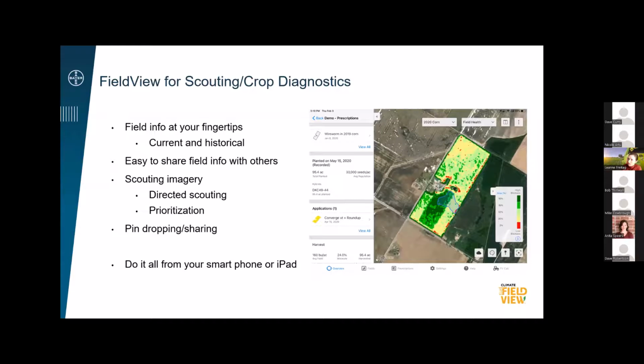I like to say, if you can operate a smartphone, then you'll be able to use Fieldvue. It is so easy to navigate and use that, if you are intimidated by technology, it's worth giving this a shot because it is so user friendly. Just start small, start somewhere, and then you can grow into it.